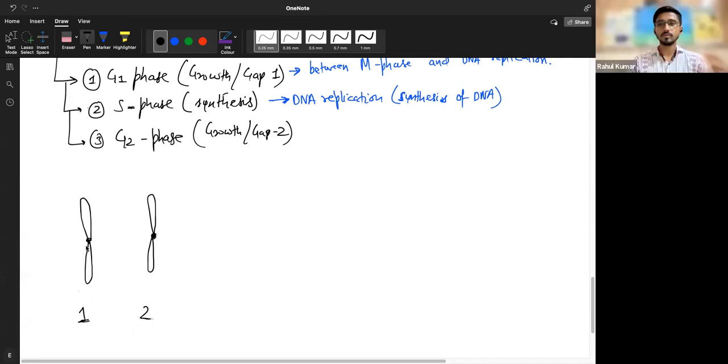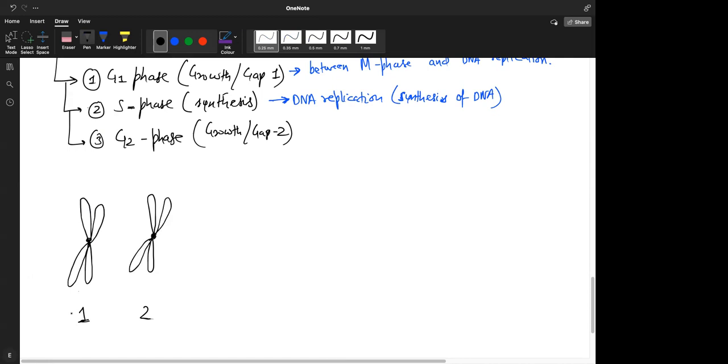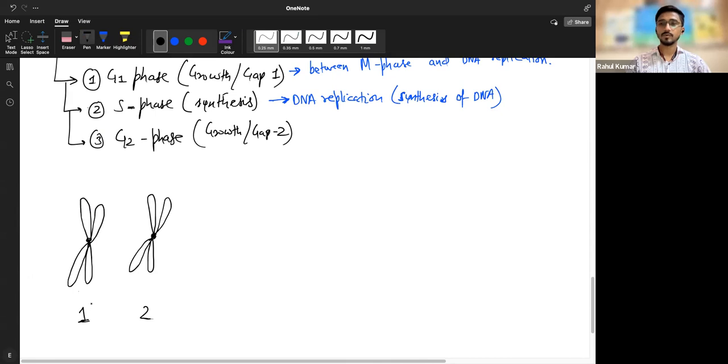Because in this phase, the chromosome is the chromatid. But when S phase comes, it replicates and makes copies. Now let me ask you the question. How many chromosomes do you see? 2. Just 2 chromosomes. But how many chromatids do you see?